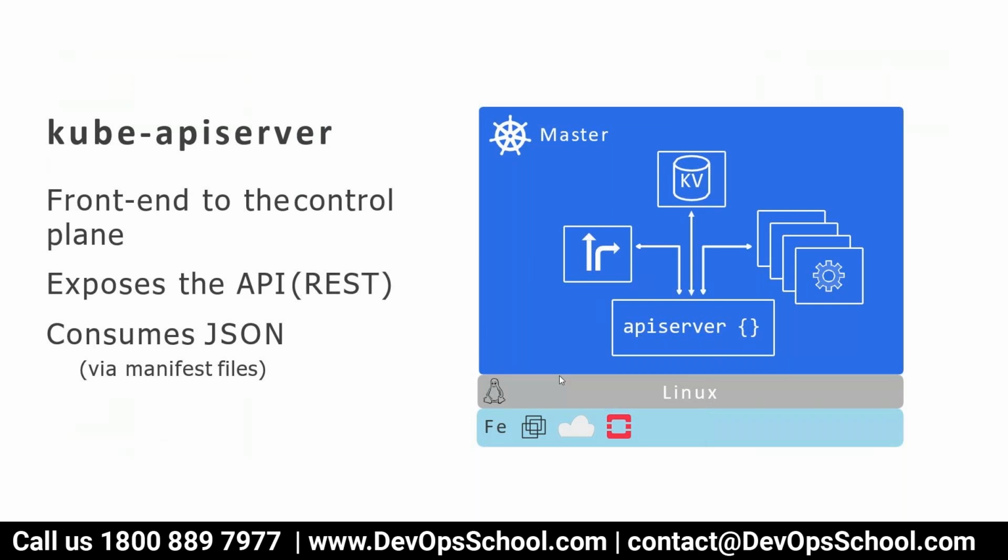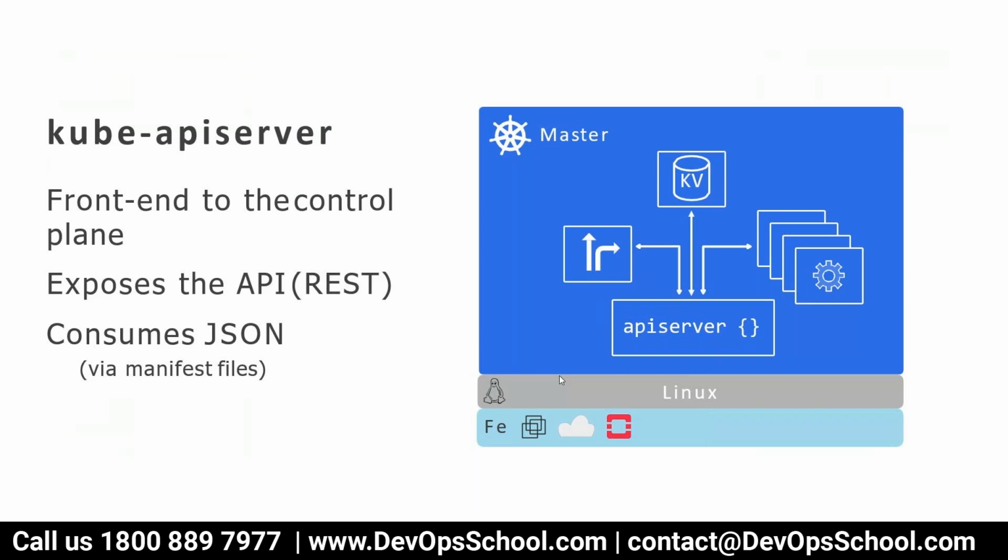Internal components also, if they want to do something, make a request to the API server. That's the reason we call it the API server. We can call it the front end to the control plane, meaning every communication has to pass through this API server only.